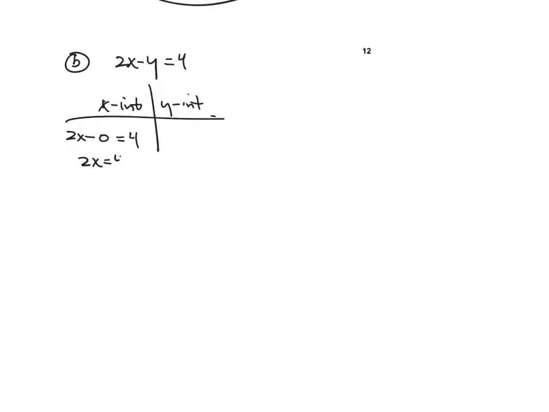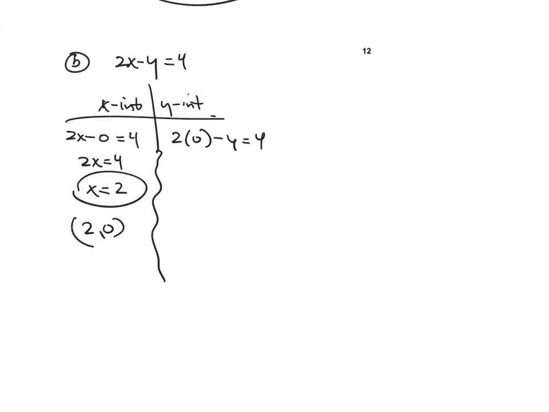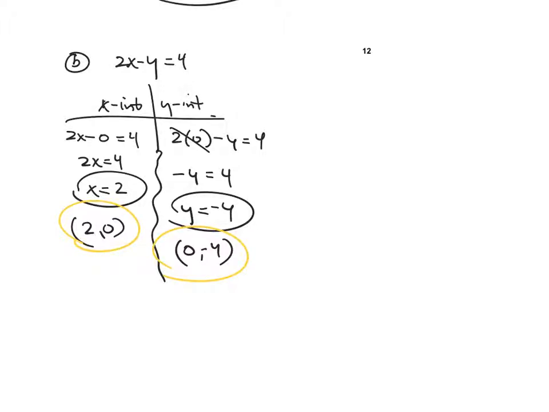So 2x equal 4. So divide by 2 and you get x is 2. So (2, 0) is one intercept. The other one is 2 times 0 minus y equal 4. So that goes to 0. So negative y is equal to 4. So positive y is equal to negative 4. So (0, negative 4) would be your two intercepts that I'm looking for.